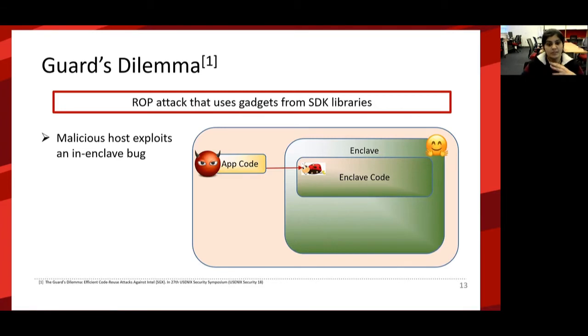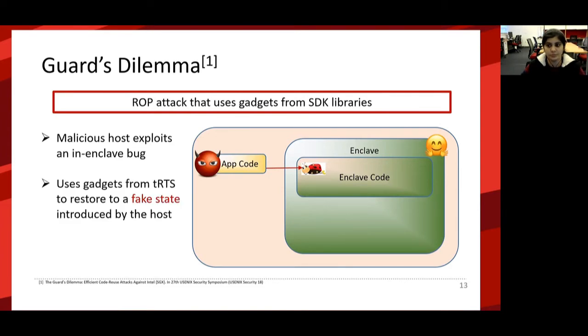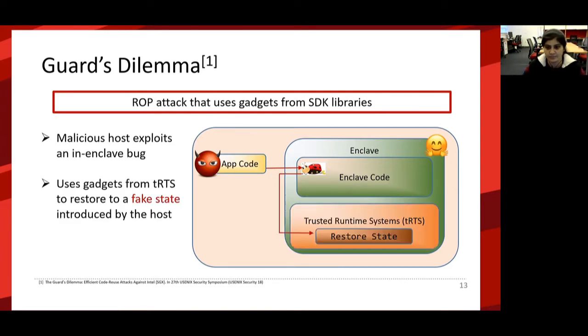In this attack, the malicious host exploits an in-enclave bug to divert control flow to one of the functions in the Trusted Runtime System. The function that it redirects to is the one that restores state when the enclave is entered.